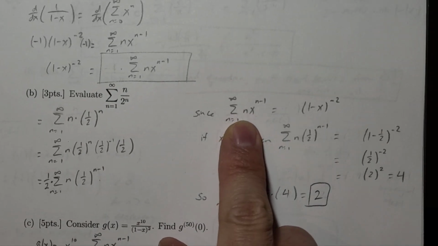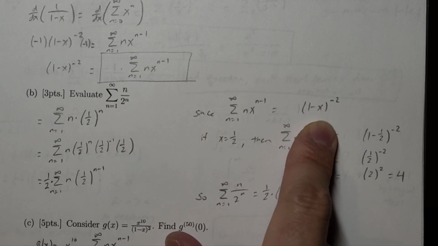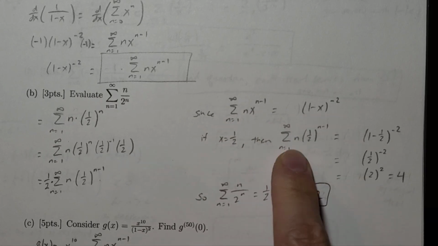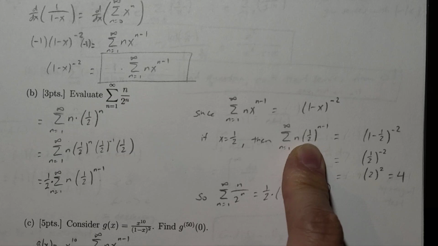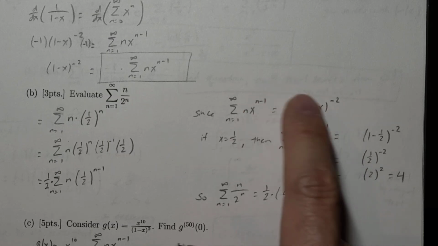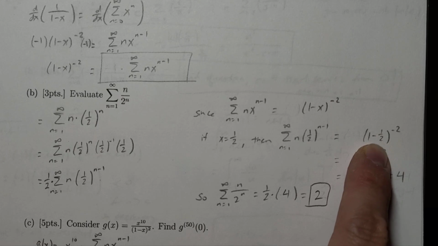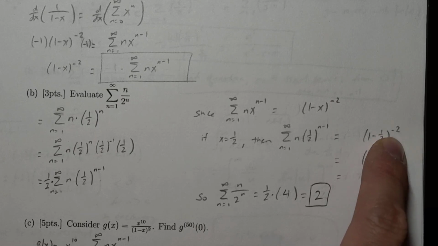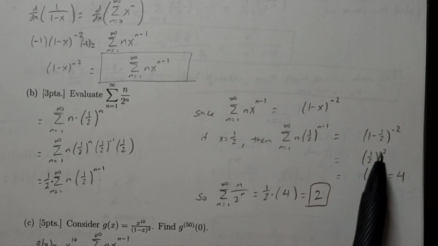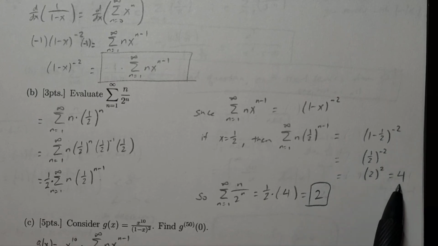Since this is what we found earlier, if x is one half, we can plug in x is one half on both sides. So this is the left-hand side, and this is the right-hand side. 1 minus one half to the minus 2 power. Okay, that is half to the negative 2 power, which is 2 squared, which is 4.